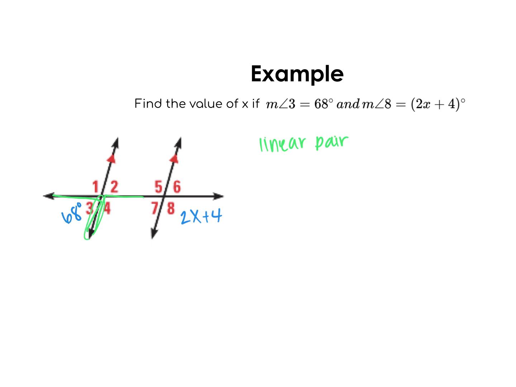So I'm thinking maybe we find what angle 4 is by doing 180 degrees minus 68. And that can tell us what this angle 4 would be. Okay, if we do that, let's see, 180 minus 68, I think that'd give us 112 here for angle 4.